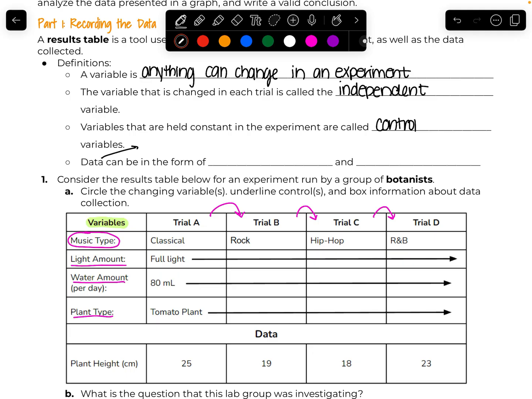This is your data. So this is your dependent variable. It is important to note, like we have said before, data can be in the form of measurements. And shout it out into your room or the void or the library, wherever you're watching this, observations.